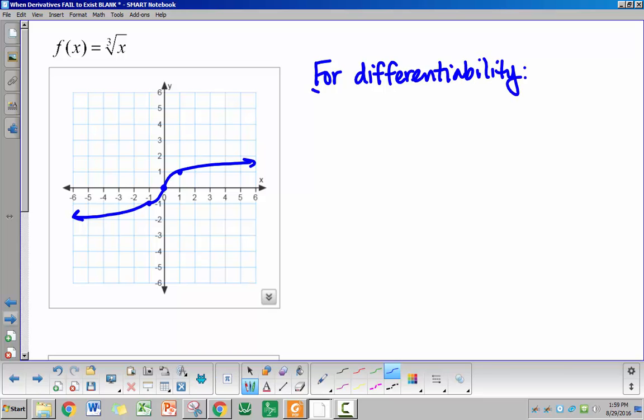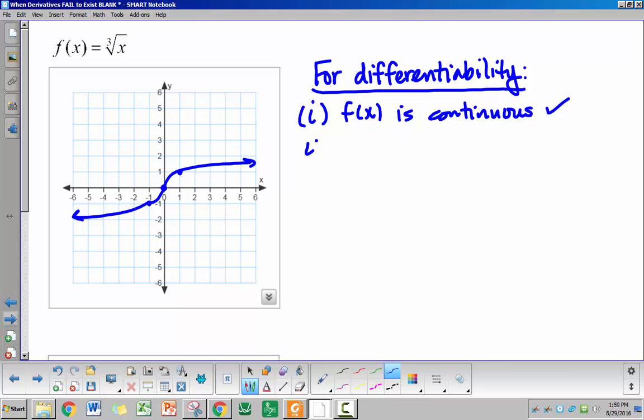For differentiability, what has to happen? Your function must be continuous, check that off because we know the cube root function is continuous. And then we have to check out the slope. And I'm going to tell you this one has a problem at 0. The slope at 0 from the left has to equal the slope at 0 from the right.